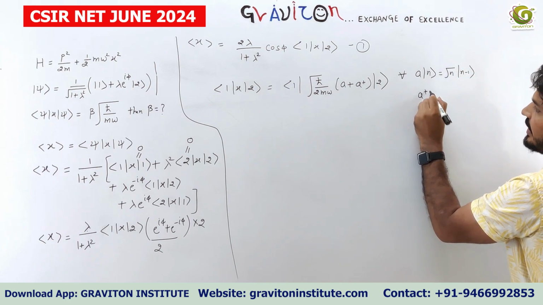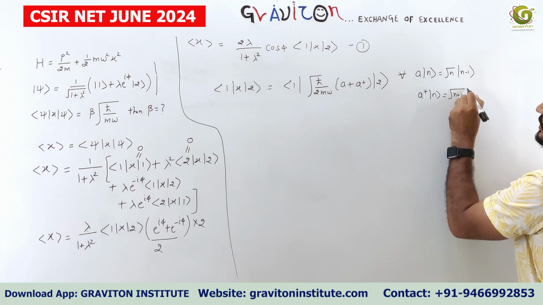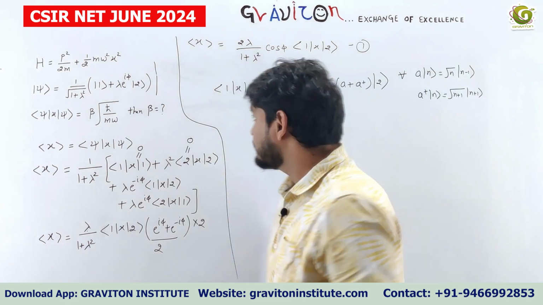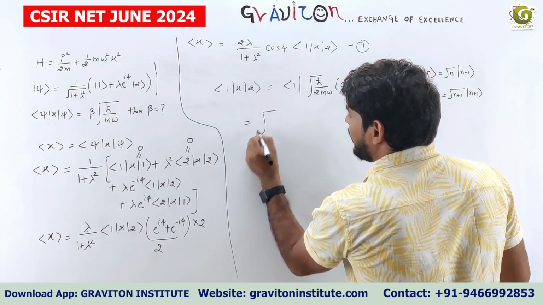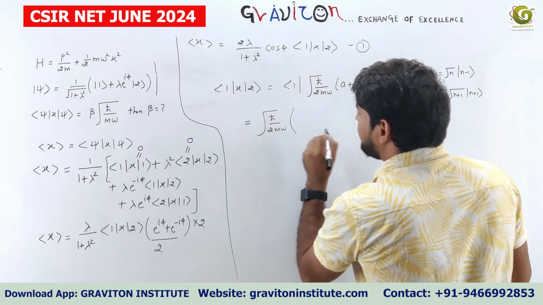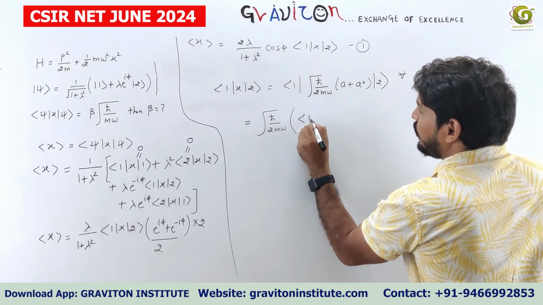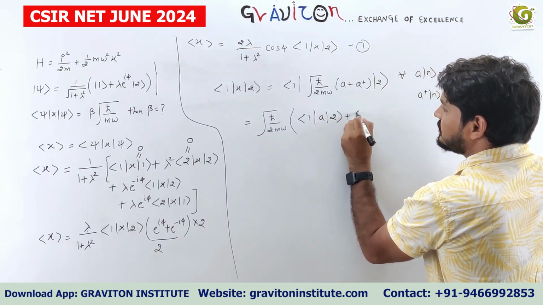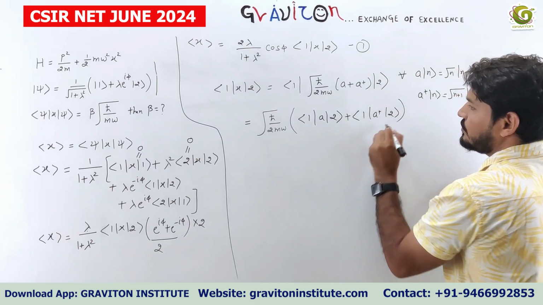If you operate a dagger on any nth state, this will give you under root n plus 1 times state n plus 1. Fine. So now you can write down: this will become under root h cut over 2m omega, and inside this, 1a2 plus 1a dagger 2.